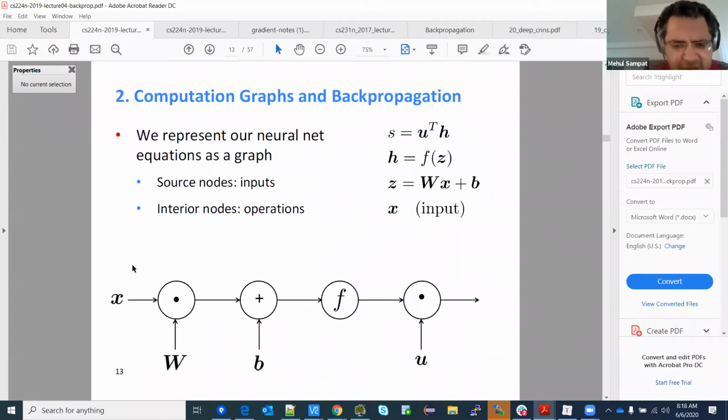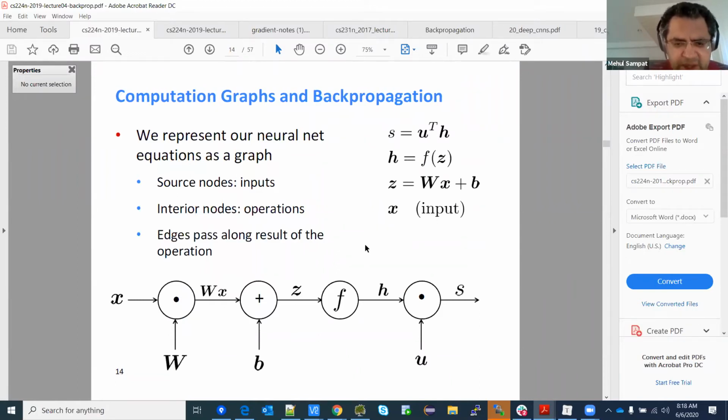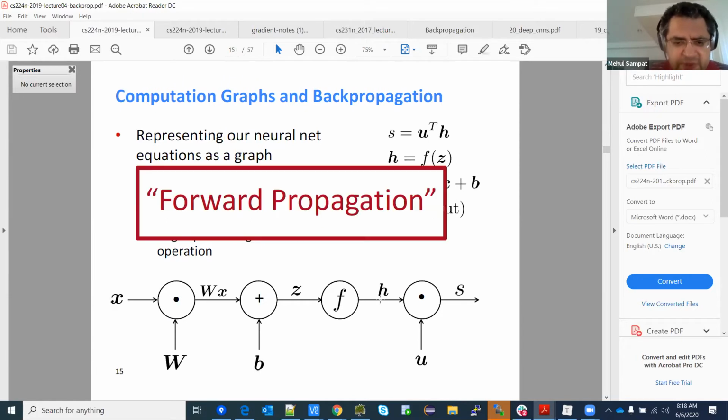So my main takeaway is this is just one network that we had in our NLP class, but let's say you have a general neural network. You can write out all the equations and then lay it out as a graph. Once you have that, the forward propagation is pretty straightforward.